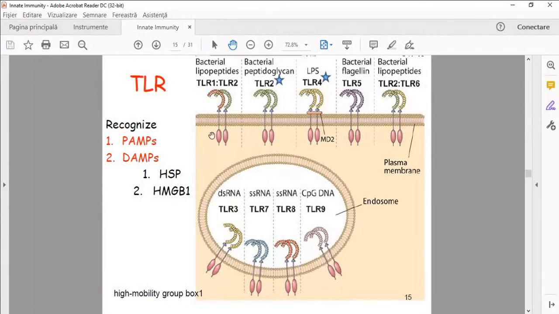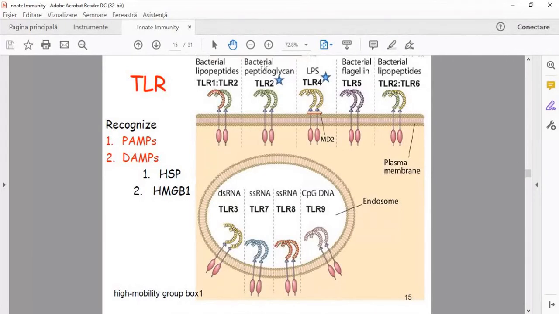Some of these receptors are expressed on the extracellular membrane, and if you're looking here, you'll see that they recognize structures characteristic of some exogenic antigens. For example, toll-like receptor 1 and 2 recognize lipopeptides, but LPS, characteristic of gram-negative bacteria, is recognized by toll-like receptor 4.